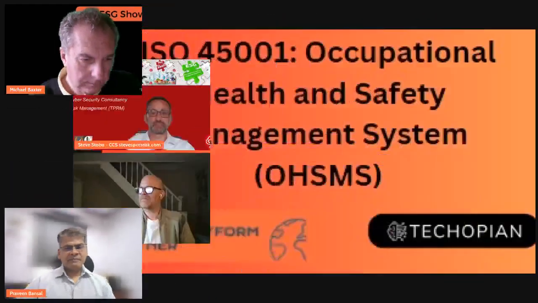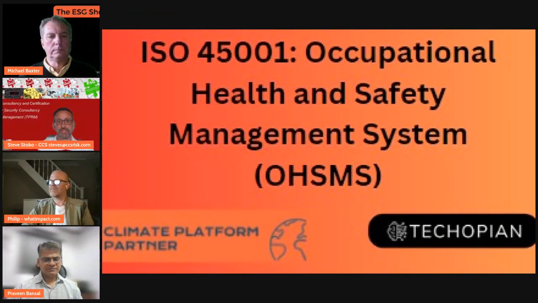Okay, thank you for that. And still on the subject of 45,001, how does the ISO 45,001 certification support companies in ensuring health, safety and well-being of their employees, and then, you know, aligning with their ESG considerations? Yeah, I think it really demonstrates a commitment to protecting the employees' health, safety and well-being, which obviously aligns with the social aspect of ESG.